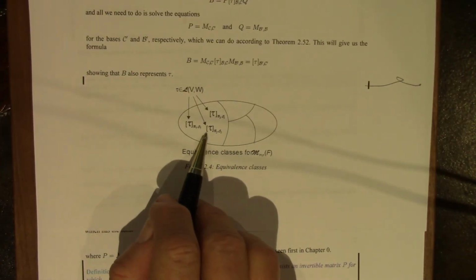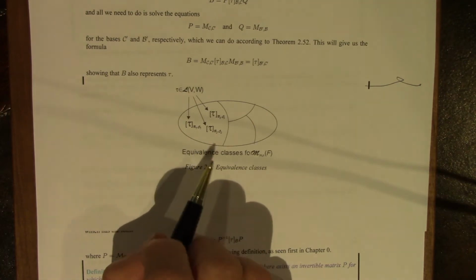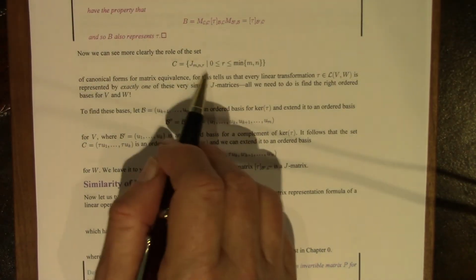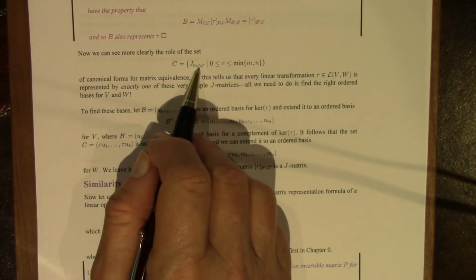matrix equivalence class. And then the J matrix is easy to find because, of course, it has to be the same size, so M and N are determined.